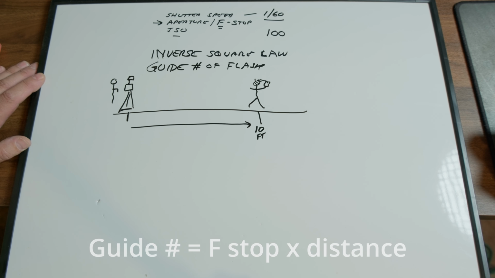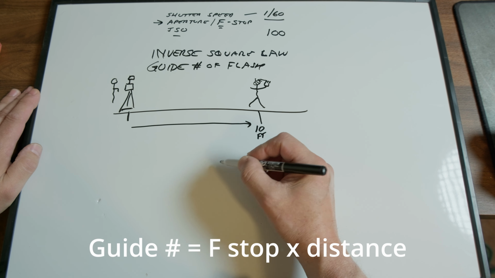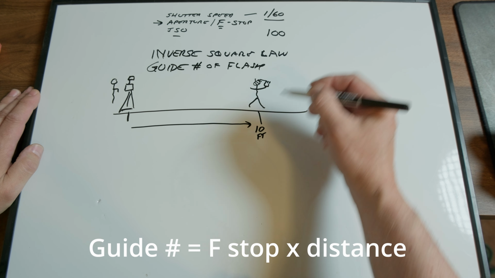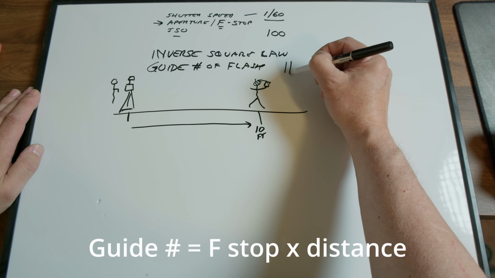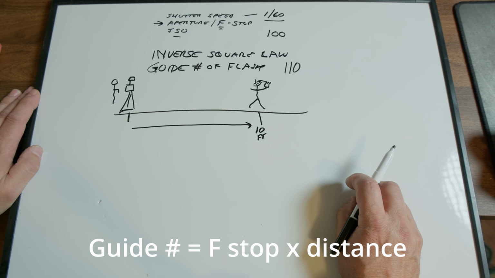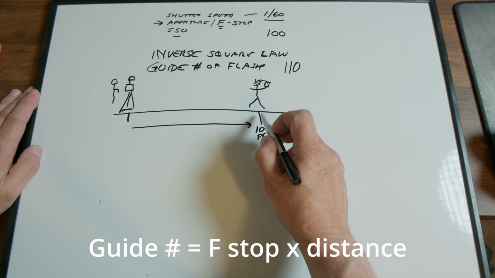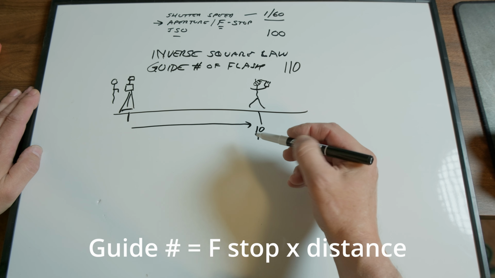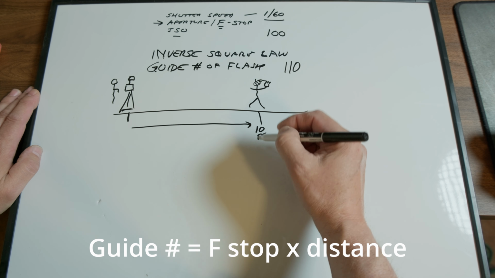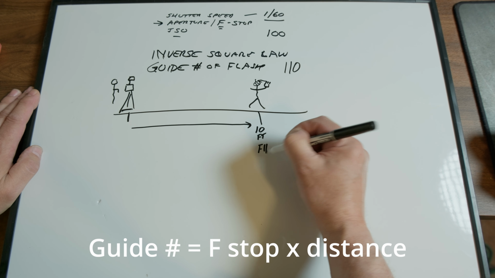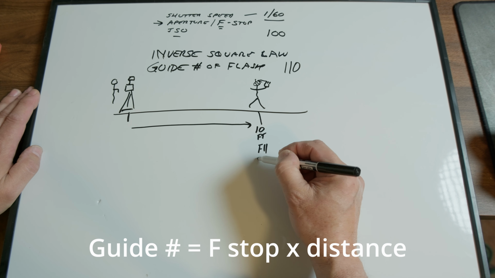For the sake of this discussion, let's say our guide number is 110. What that means, believe it or not, is at 10 feet, your aperture or f-stop is going to be f11 at 100% power.